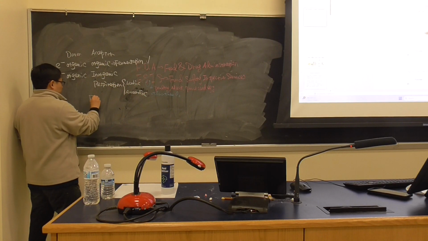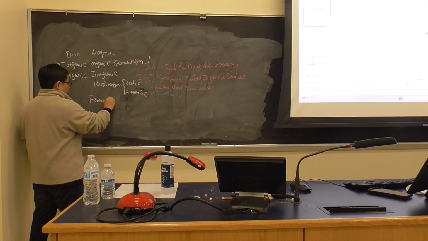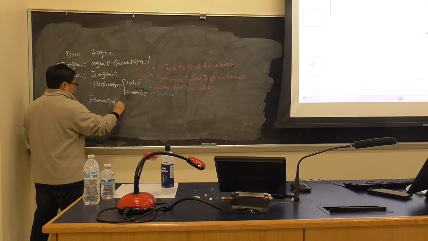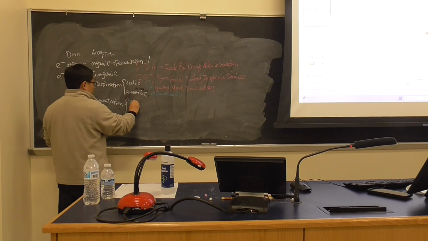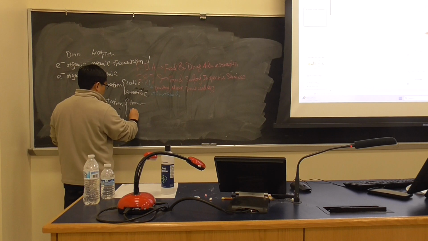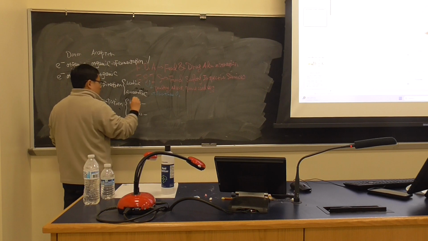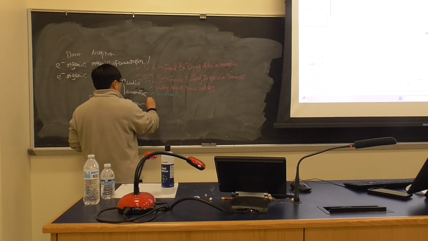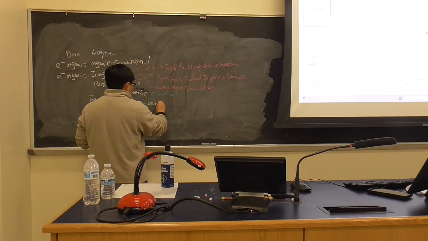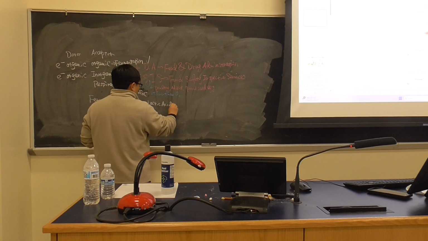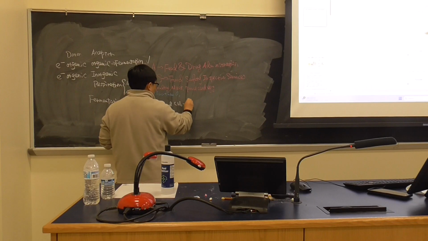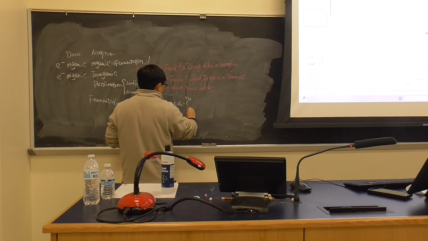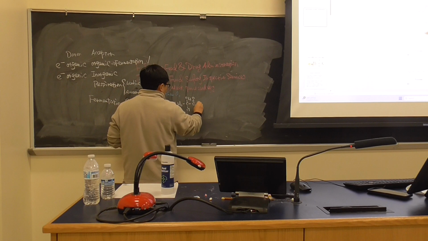Fermentation basically has two types: homo and hetero. Homo, basically you can see, generates lactic acid. You don't need to know the structure, I'll just write it for you.